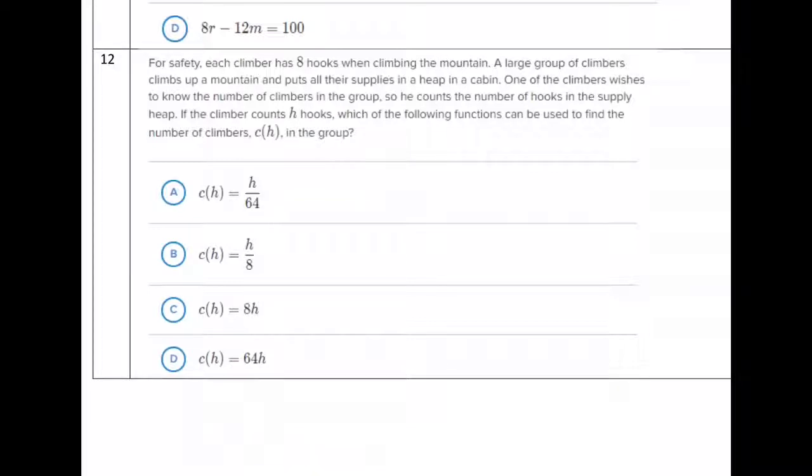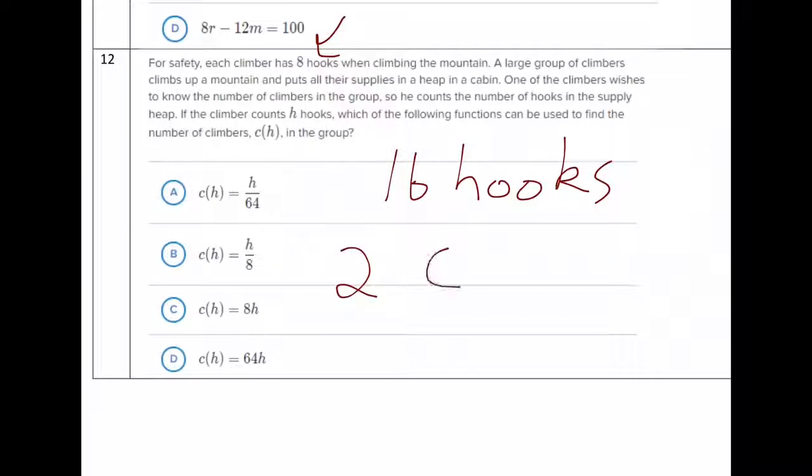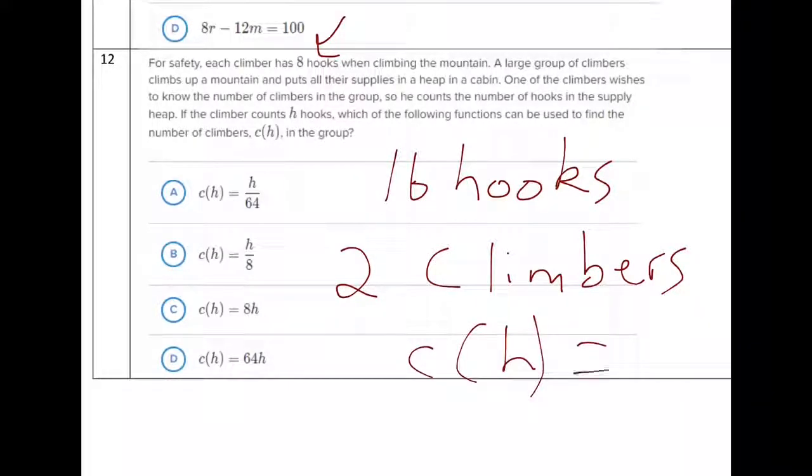Well, without getting caught up in how to represent the equation, let's look at some practical numbers. If we found 16 hooks in a heap in the cabin, how many climbers were there? Each climber has 8, so we know there would be 2 climbers. So keeping that in mind, that the number of climbers, or C of H, is going to equal 2, and our hooks are going to equal 16, let's try plugging these into some of our equations.